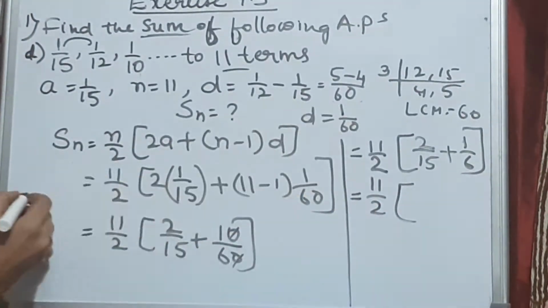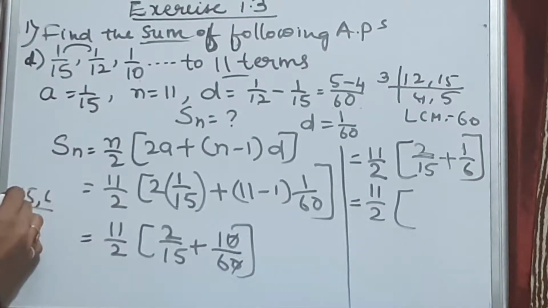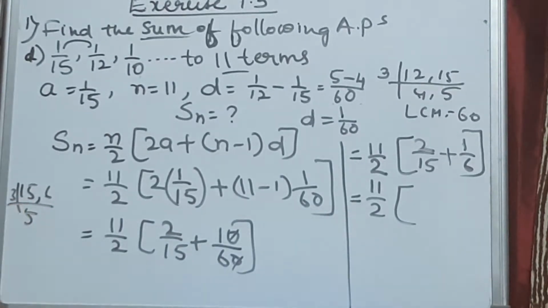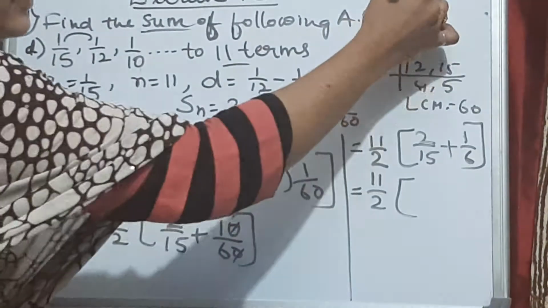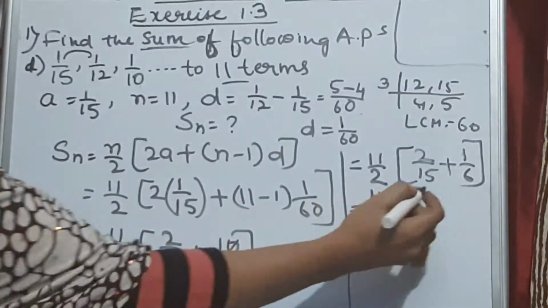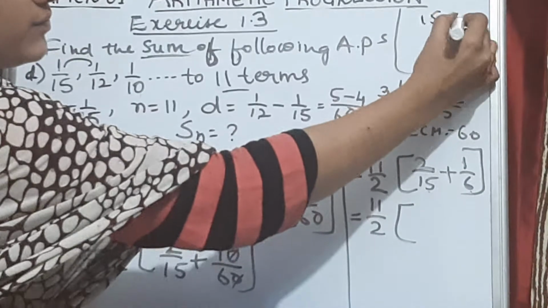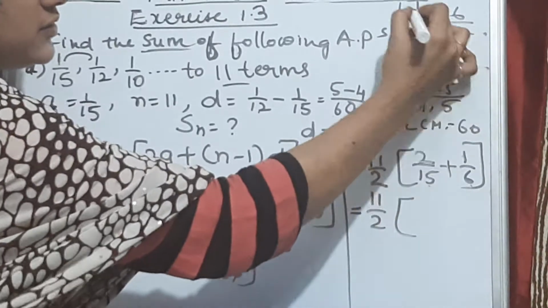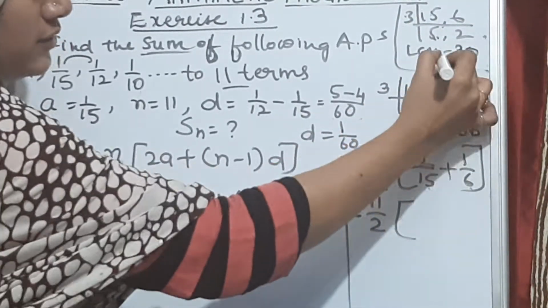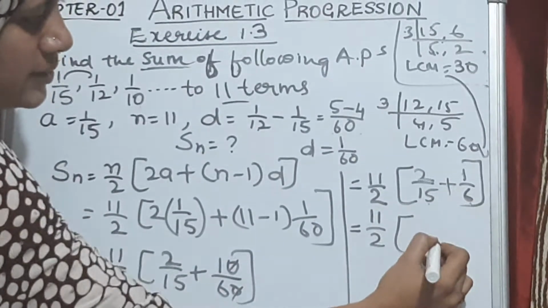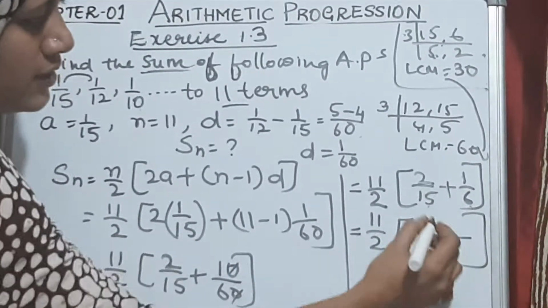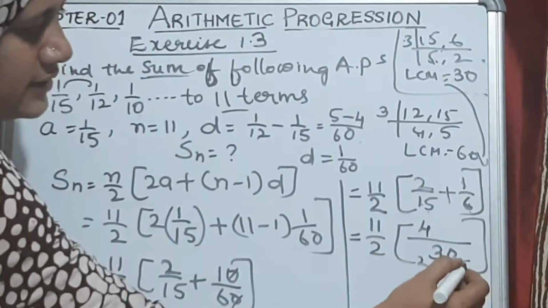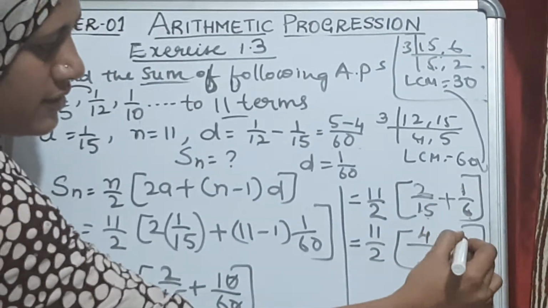LCM of this 15 and 6, what is the LCM? 3 5s are 15, 15 2s are 30. This LCM is 30. Here 15 2s are 30, 2 2s are 4. 6 5s are 30, 5 1s are 5.